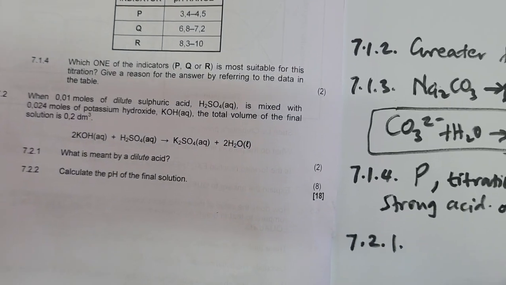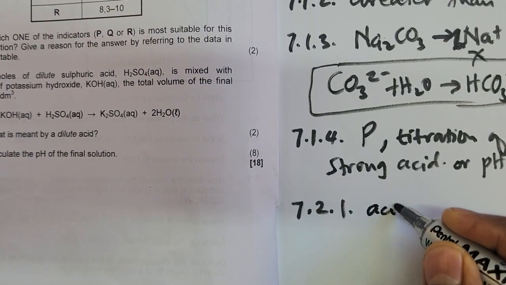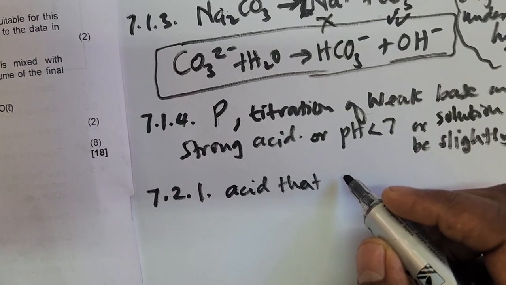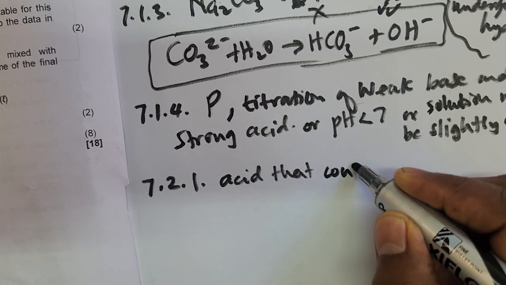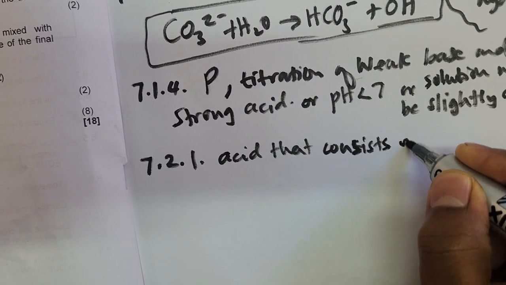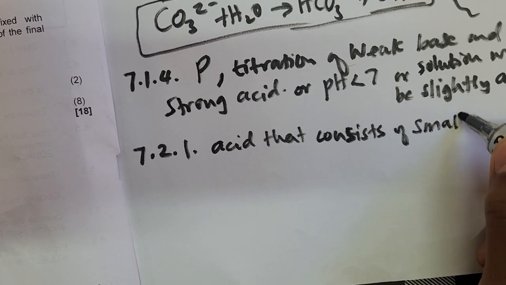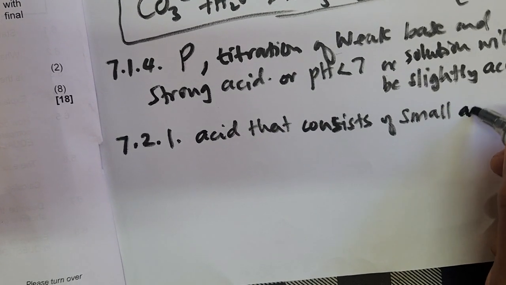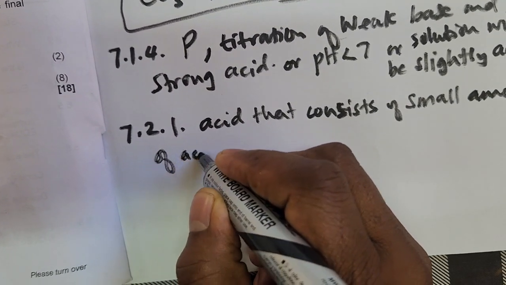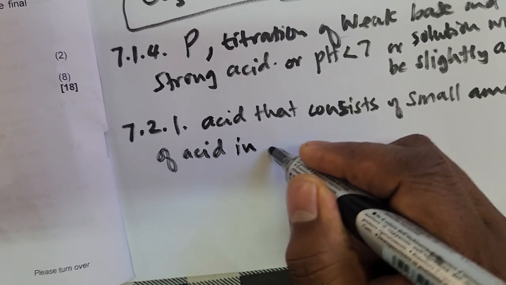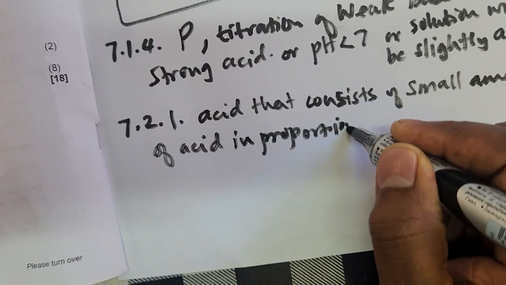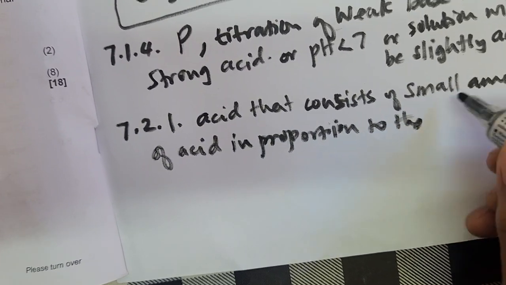We've got concentrated and dilute acid. Therefore, the dilute acid will be the acid that contains or consists of a small amount of acid in proportion to the volume of water.